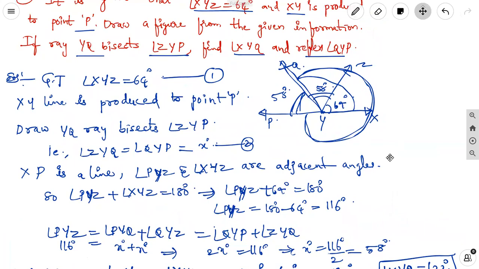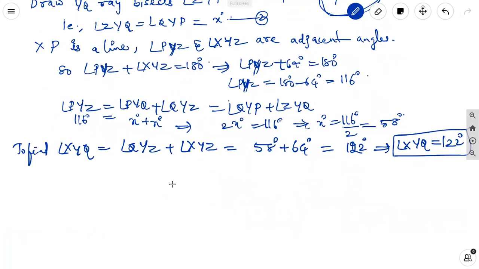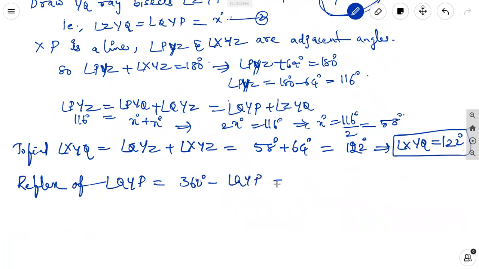Next, reflex of QYP. Reflex of angle QYP equals 360 degrees minus angle QYP. Angle QYP equals how much? QYP is x degrees.